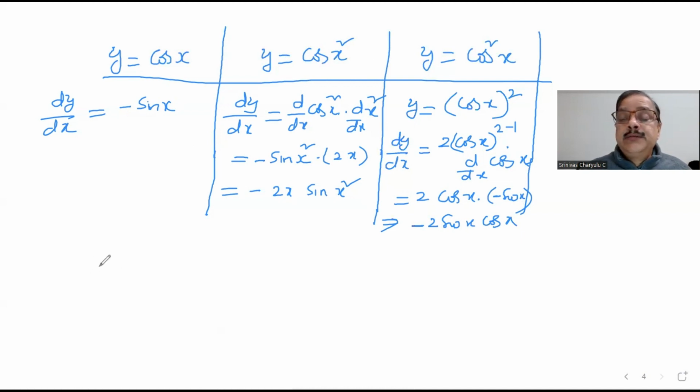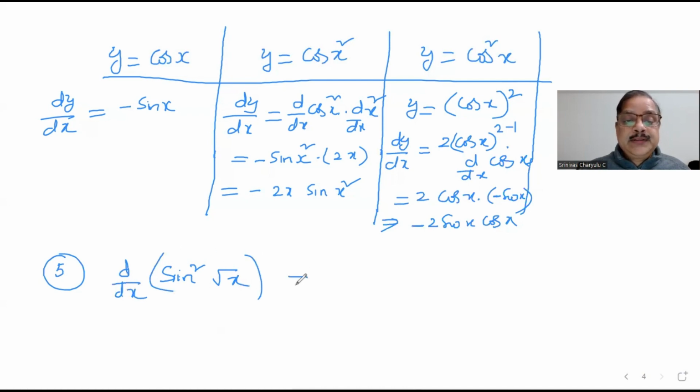We'll conclude this video with one last sum. For example, I have sin square root x. I want to find the differentiation of this sin square root x. First, the power 2 should go on top, as a power: sin root x whole square.